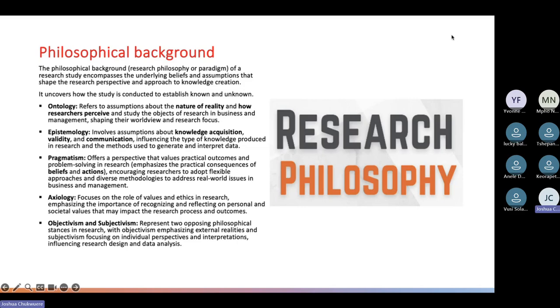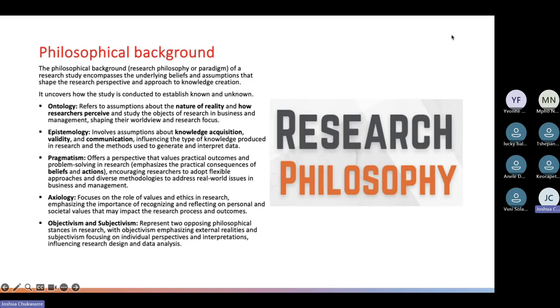So when you want to do a study that wants to understand the nature of reality of your participants, the philosophical grounding of that research will be ontological, which is how researchers perceive the study object of the research in business and in management, shaping their worldview and the researcher's focus.